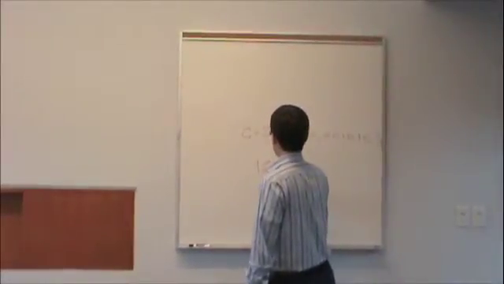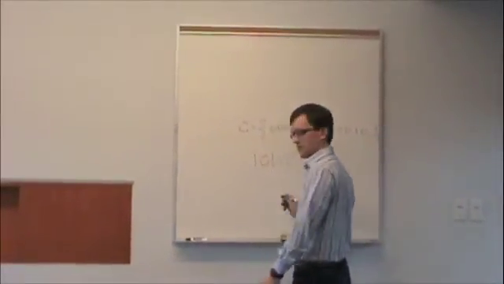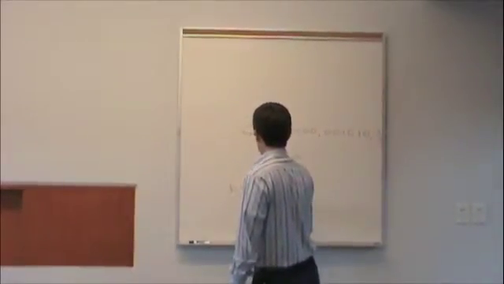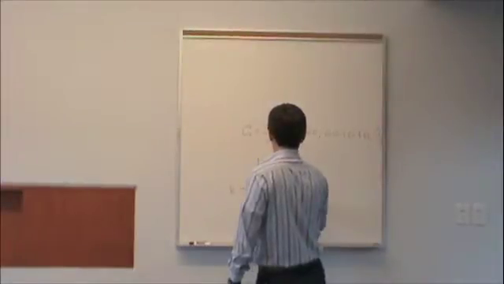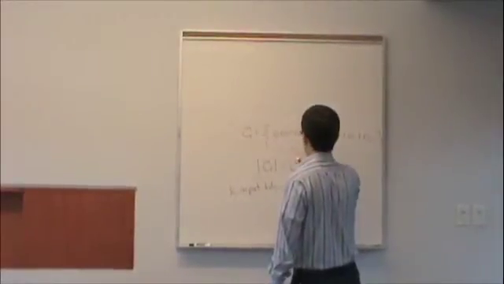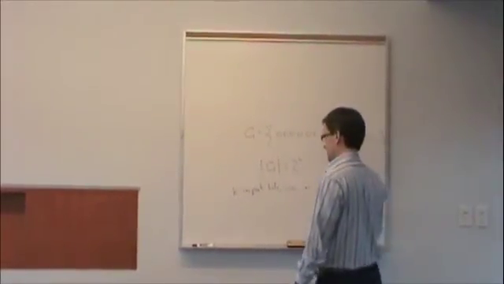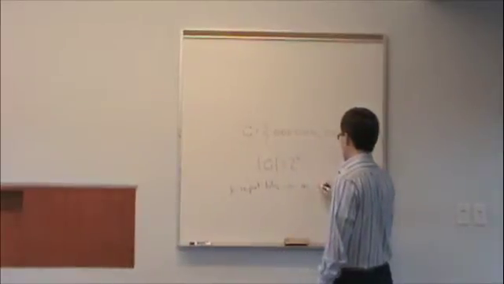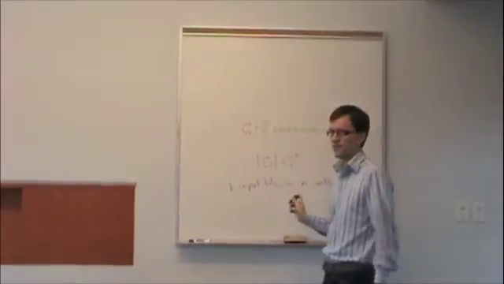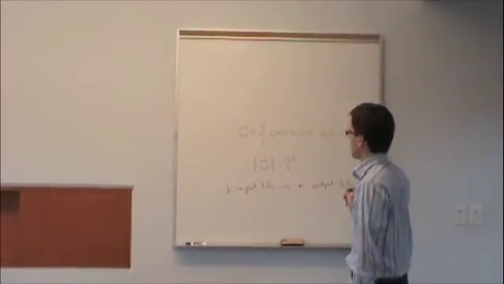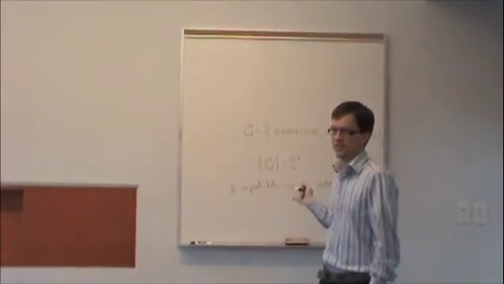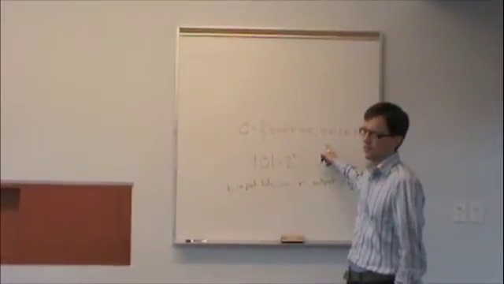Let's say the cardinality of the code is 2 to the k. Then you have k input bits, and every code word has length n, as I've defined the length of my code. So I take k input bits and I produce n output bits. How you do this is up to you. So you could, for example, form a huge lookup table and take every k input bits and assign it to some n output bit sequence from the code.